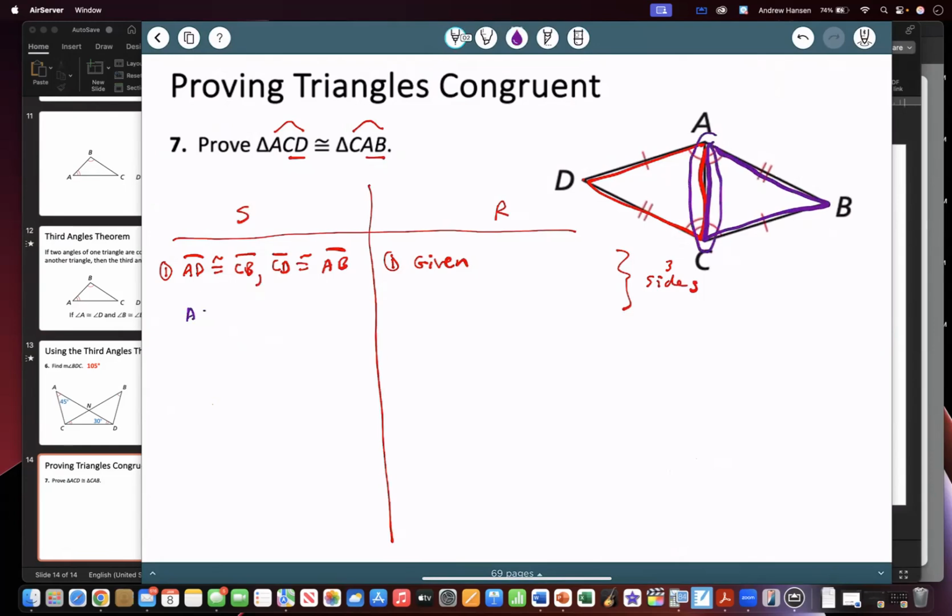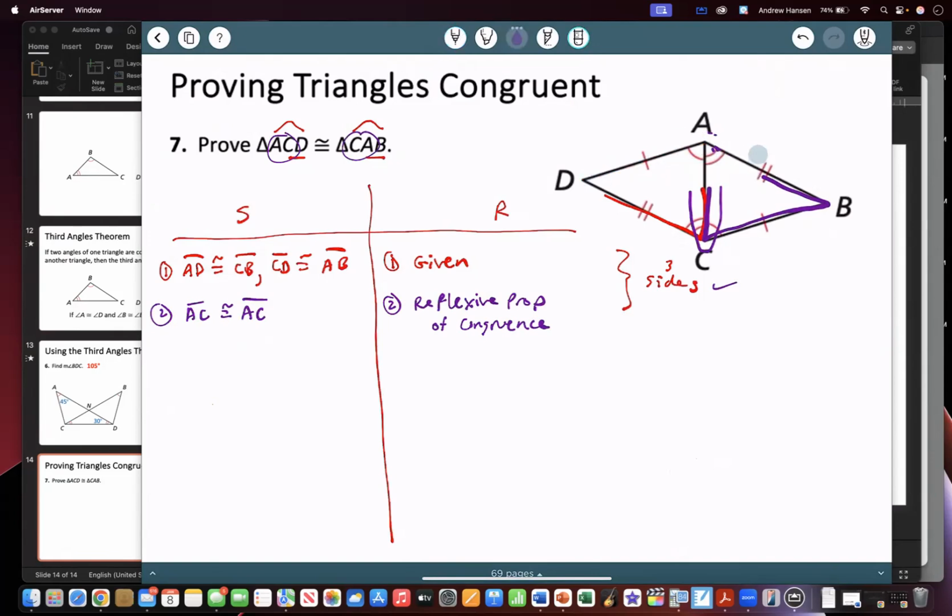So I can state that AC is congruent to itself, AC. You notice AC, AC are both the first and second letter. It's a different order, but it's the same side, right? So I can state that it's congruent to itself, and that's the reflexive property of congruence. Okay, so we have all three sides stated.